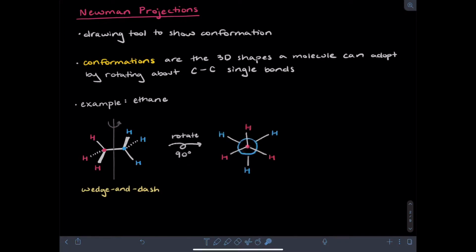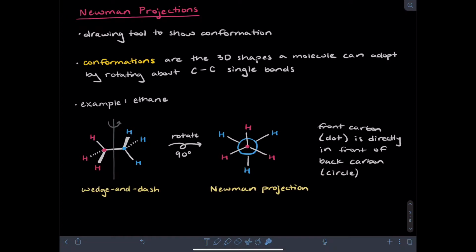Imagine that you're looking down the carbon-carbon bond. The pink carbon is closer to you, as are the three hydrogens attached to it. The blue carbon is right behind the pink carbon, and it has three hydrogens attached to it as well. This is my Newman projection.